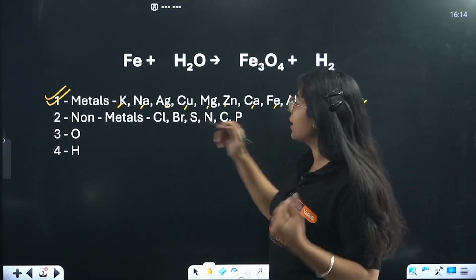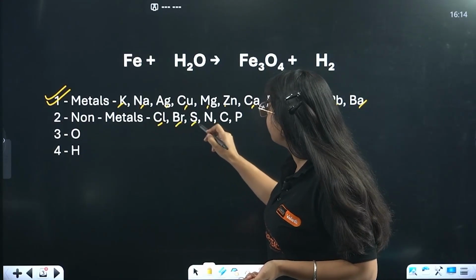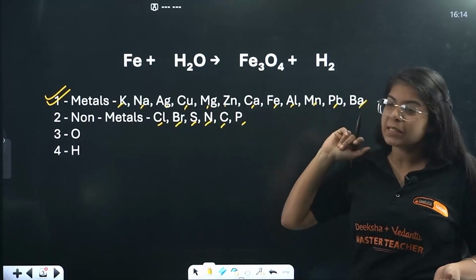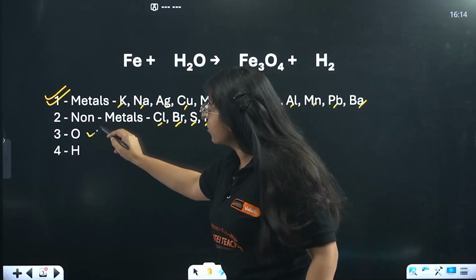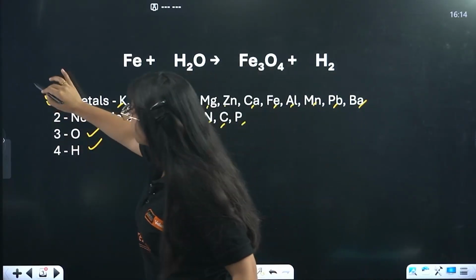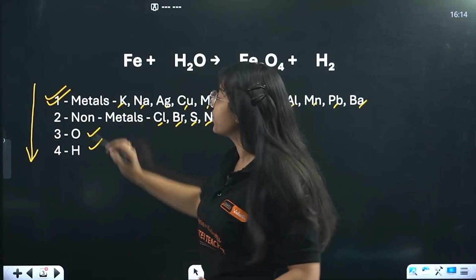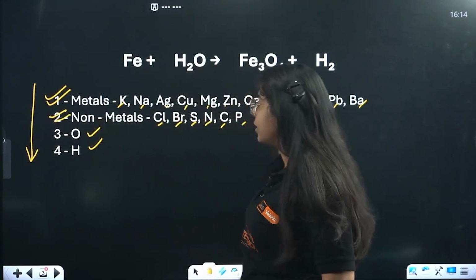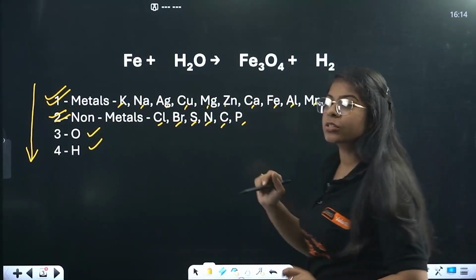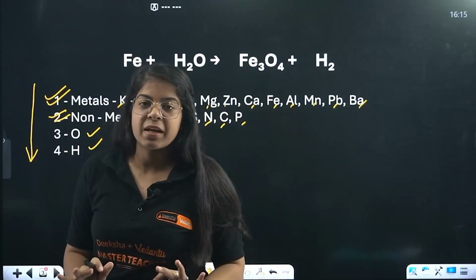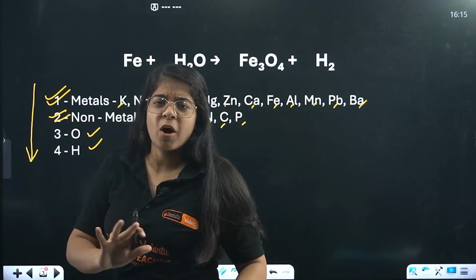Then non-metals: chlorine, bromine, sulfur, nitrogen, carbon and phosphorus. Then we have oxygen, then hydrogen. So first you balance metals, then non-metals, then oxygen, then hydrogen. Until here it is clear, right?